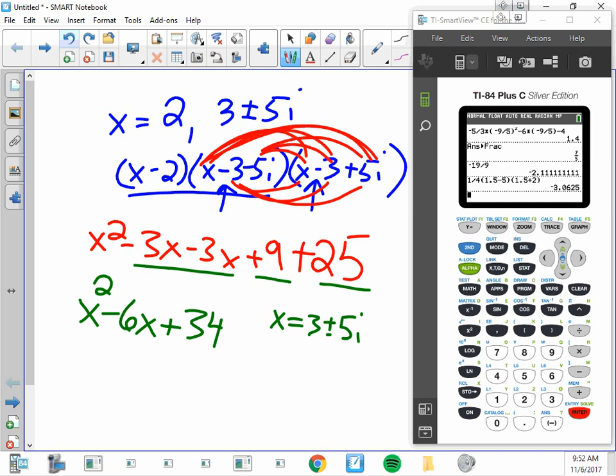Okay, in this case it's above. All right, but what does 3 plus or minus 5i tell me? Well, I have a parabola that's going to be way up here pretty high, right? If I flip that parabola upside down, okay, I flip it upside down.